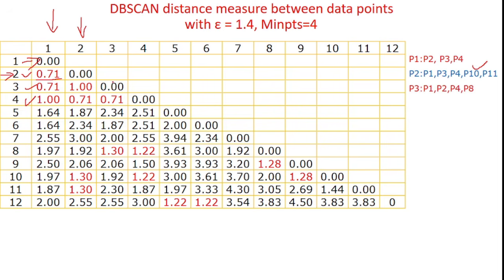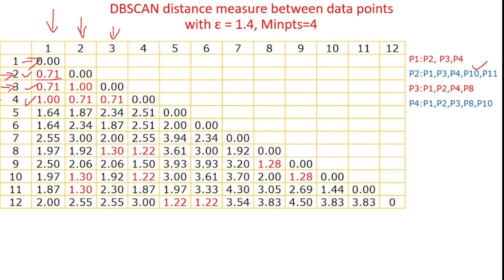Now if you look at P3 in the horizontal way, you will get P1, P2, and if you look at P3 in the vertical column, you will get P4 and P8. For data point 3, the neighborhoods are P1, P2, P4 and P8.